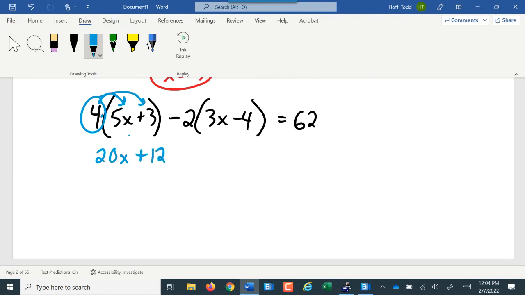The next set of parentheses, nothing to do inside there either. So we look to see what needs to be done to it. It is being multiplied. Again, we have to be careful. It is being multiplied by a -2. -2 times 3x is a -6x. And -2 times -4 is a positive 8. That equals 62.